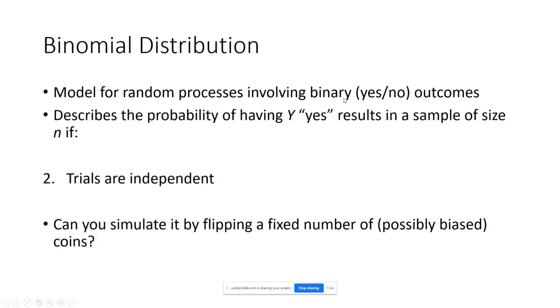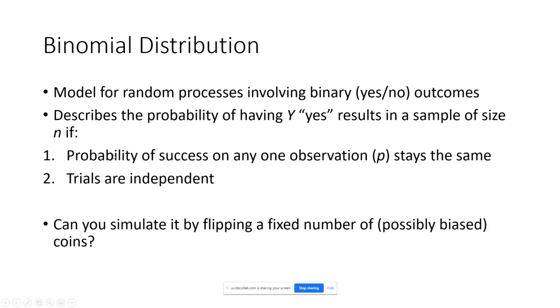And they describe the probability of having capital Y, our random variable Y, which is the number of yes results in a sample of size little n if the probability of success on any one observation stays the same. So our probability of success is always P, and the trials are independent.